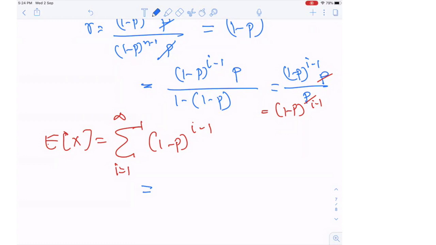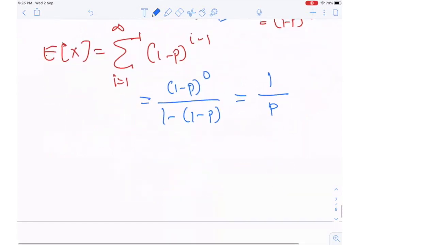For i equal to 1, it is 1 minus 1, 0. So this is (1 - p)^0. And my ratio is going to be 1 - p. So 1 minus 1 will get cancelled, plus p. So it is 1 over p. Okay? So the expected number of times that we need to apply is 1/p.